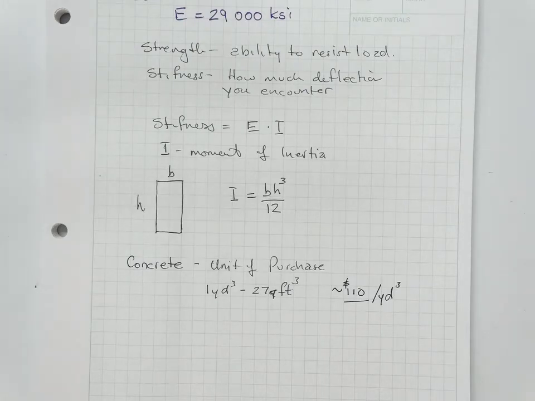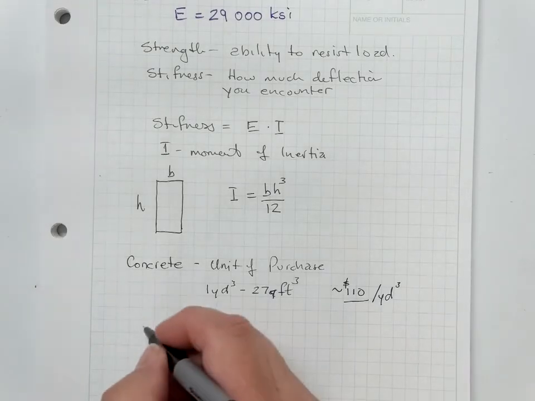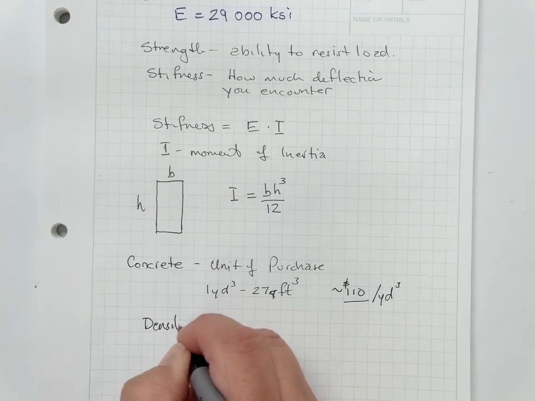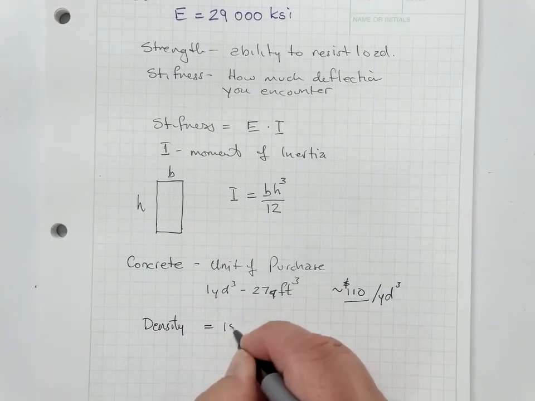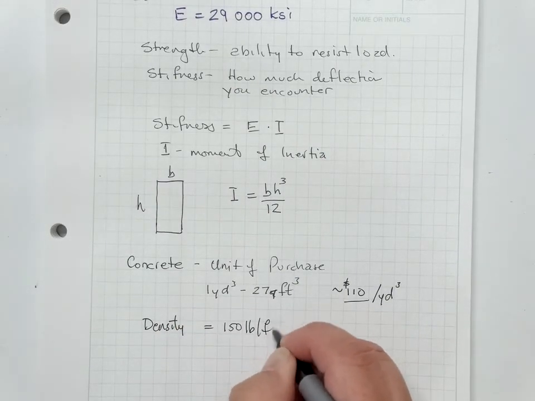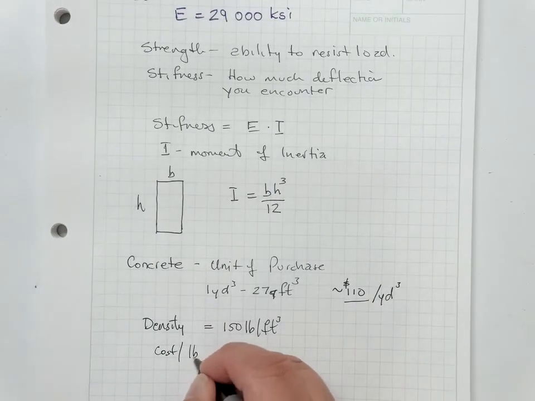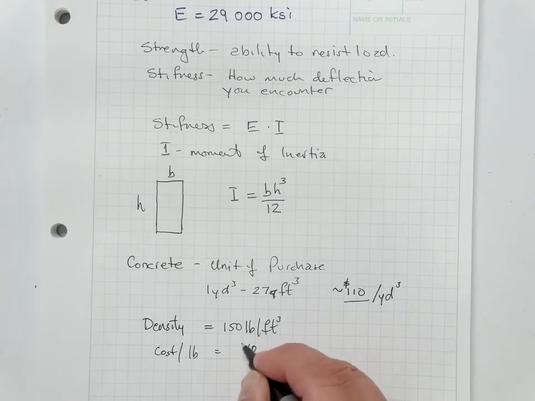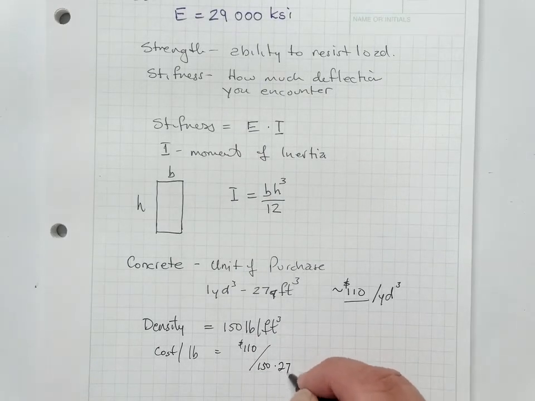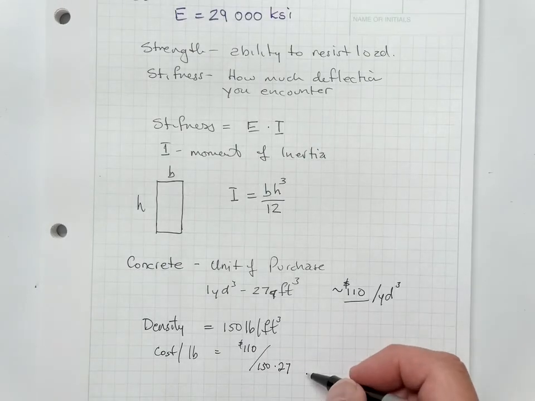And so I can break that down, right? If I know the density of the concrete, which is 150 pounds per cubic foot, which will come up again and again. So density is equal to 150 pounds per cubic foot. And so my cost per pound is equal to $110 divided by 150 pounds per cubic foot multiplied by 27 cubic feet, right?